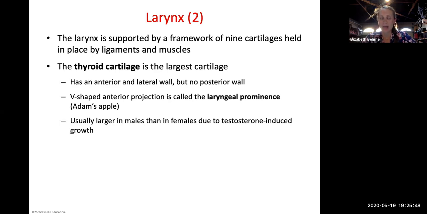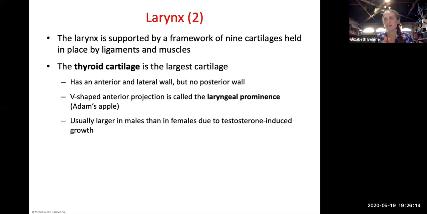As you know, a lot happens to males during puberty. Their voice gets lower, and that lowering is due to testosterone acting on the vocal cords, making them longer. As the vocal cords become longer, they lower the voice. So increased testosterone, longer vocal cords, lowers the voice in males.